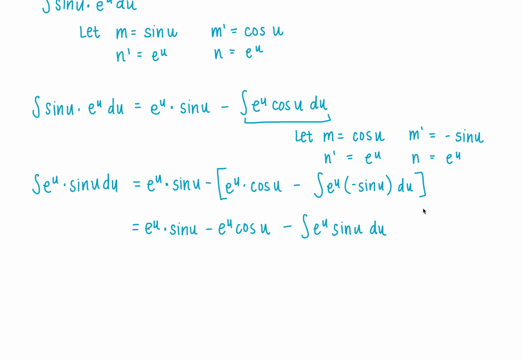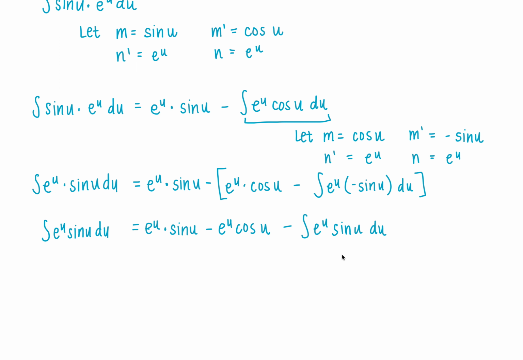And you might be wondering, are we just going to keep repeating this process forever? The answer is no. You'll notice on the left here, I've got e to the u sine u. So I'm integrating e to the u sine u du, and I end up equaling all this. Then I've got minus another integral, e to the u sine u du. We can combine like terms, okay?